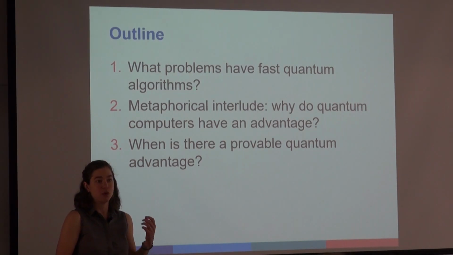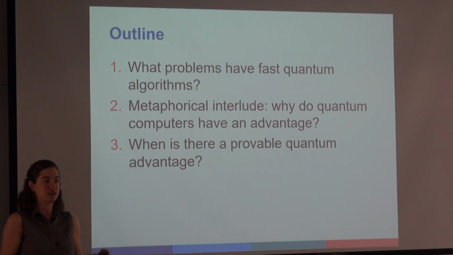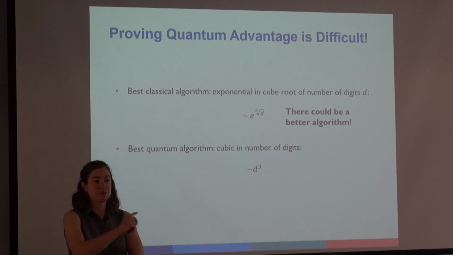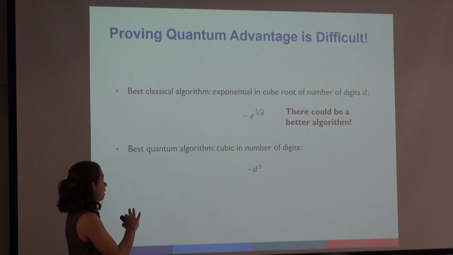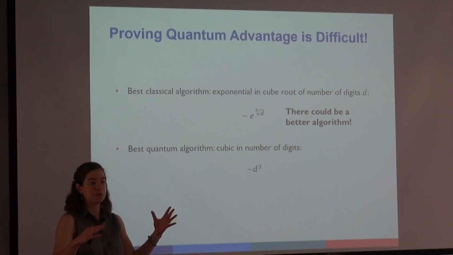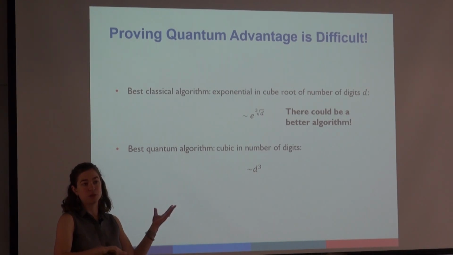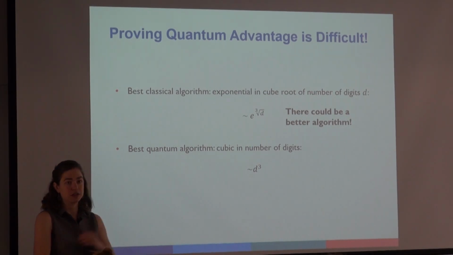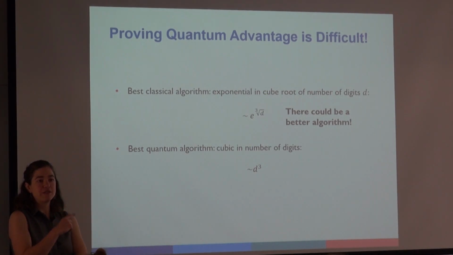So we're going to talk about when we can actually prove whether we get an advantage from a quantum computer or not. Before we had this factoring algorithm, and we saw that there was a huge speedup from what a quantum computer can do versus a regular classical computer. But we haven't actually proved that the quantum computer is better.